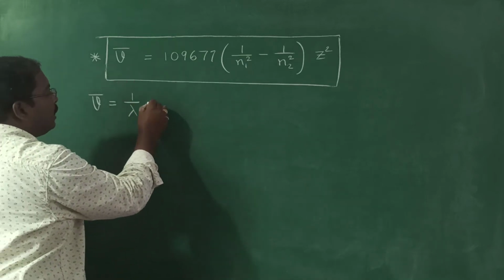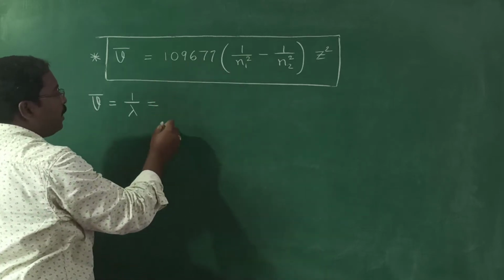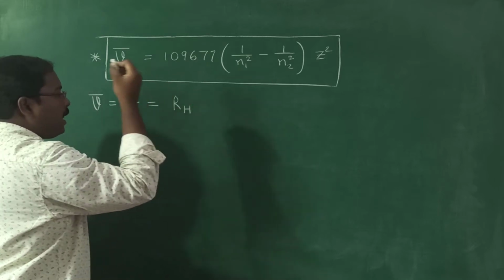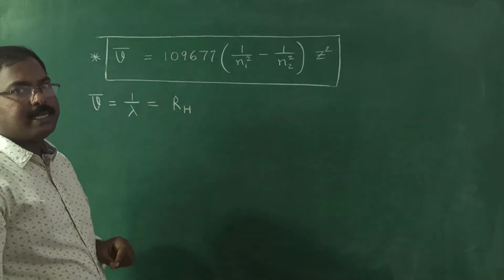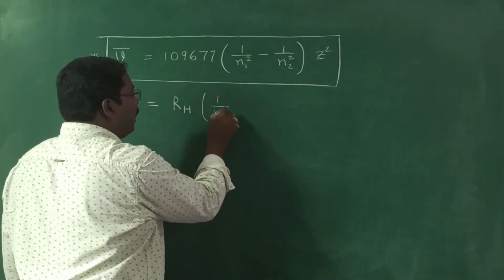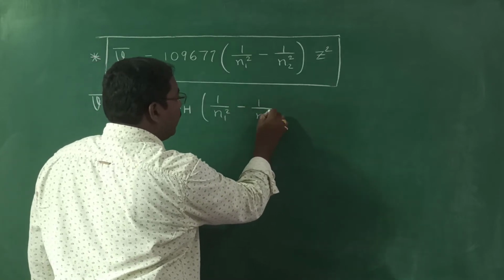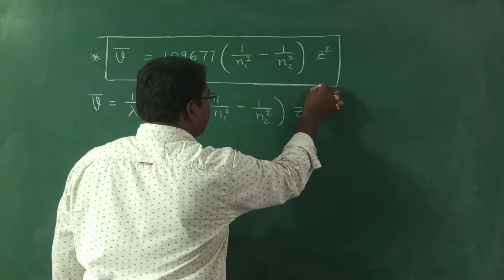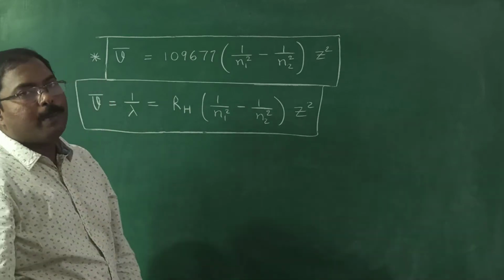So 1 by lambda is equals to the given value 109677 is simply represented as RH. Okay, Rydberg constant. I'll give you RH into 1 by n1 square minus 1 by n2 square into Z square. So this is the formula we are going to use to solve numericals.